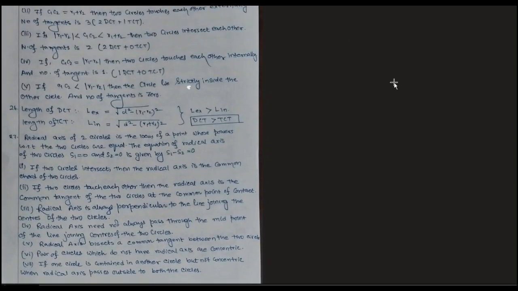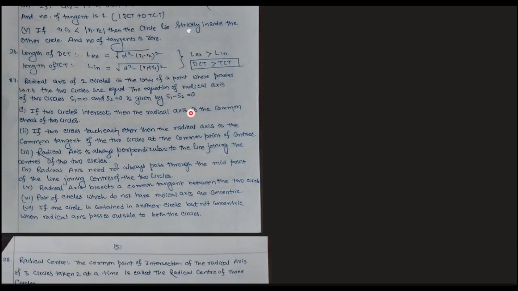Okay, now here very few points are there, only a small number of points, so we can easily explain them. The radical axis of two circles is the locus of the point whose powers with respect to the two circles are equal. What does it actually mean?